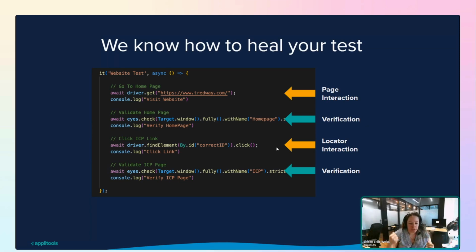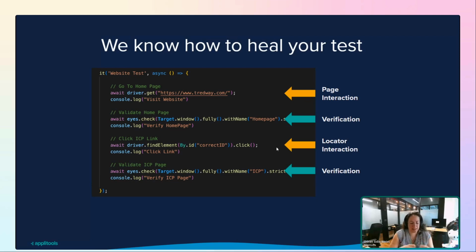In the old world of testing, usually these verification steps will require interaction with the page as well. Like with Selenium, you will grab some element and then do some verification steps on it. But in the new world, this is an example that has an Eyes check command integrated.